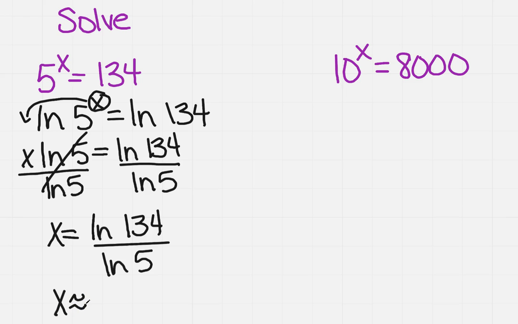That's going to be your actual solution set, but I'm going to need an approximation. So you're actually going to use your calculator to do that. And once you get that, you're going to get that this is approximately 3.04. So that would be your approximation, but your solution set would actually be including the natural logs.